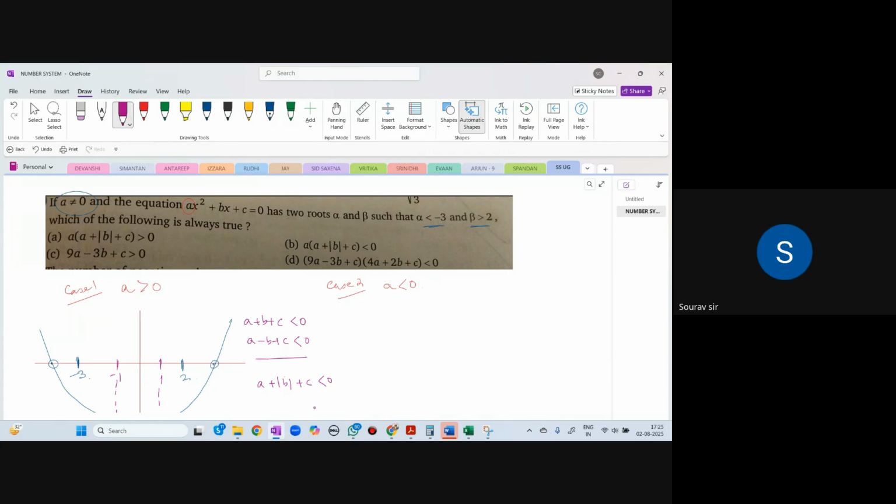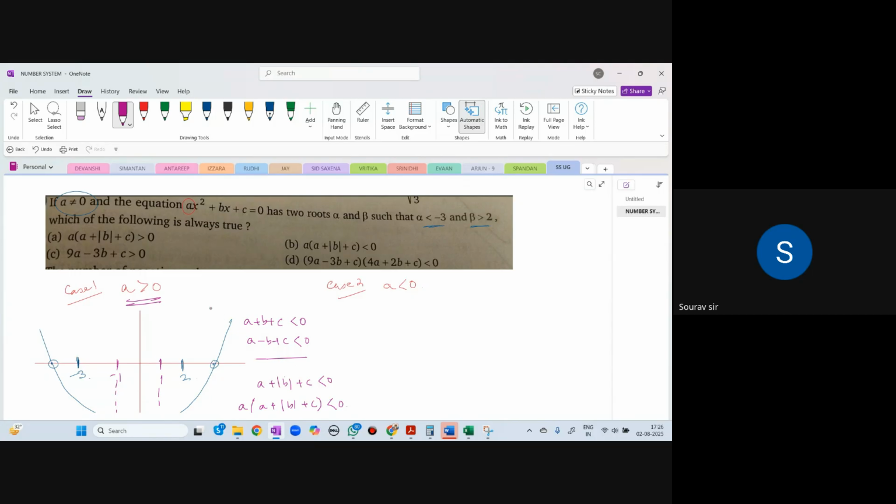Clear? And a is positive, which I have assumed here. That means positive into negative: a into a plus mod b plus c will be negative. One positive, one negative.